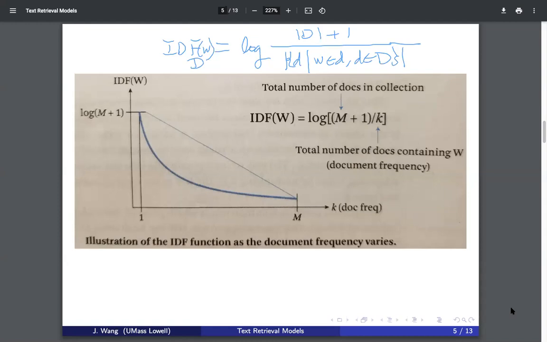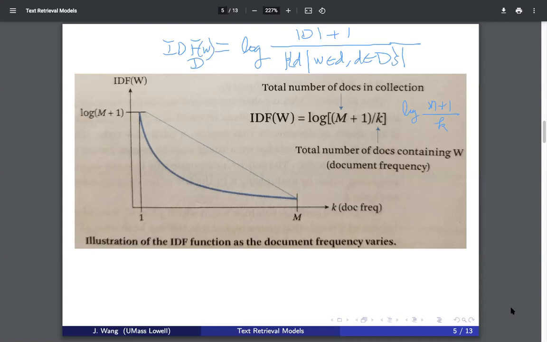So then this is really a function. We can look at this function here as log of (m plus 1) over k. Let's say k goes from 1 to m. So what does it look like? It looks like this curve. This x-axis is k, which indicates how many documents contain this particular word.